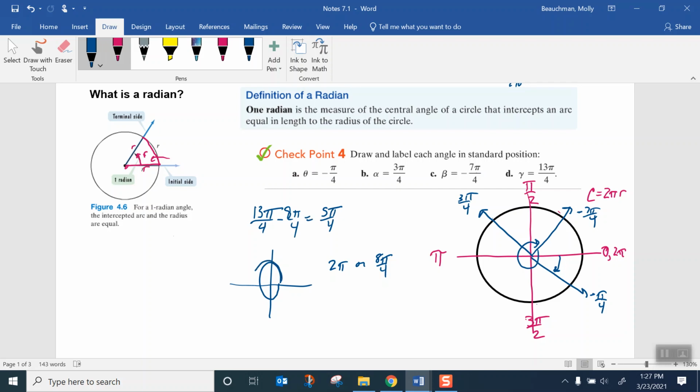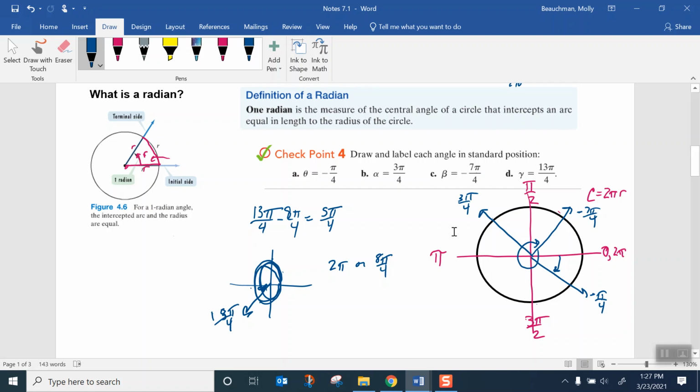So we're rotating around the circle once, and then another 5 pi over 4. So there's 1, 2, 3, 4, 5 quarters. We end up here. So that would be 13 pi over 4. So we've rotated counterclockwise, a full rotation plus another 5 pi over 4.